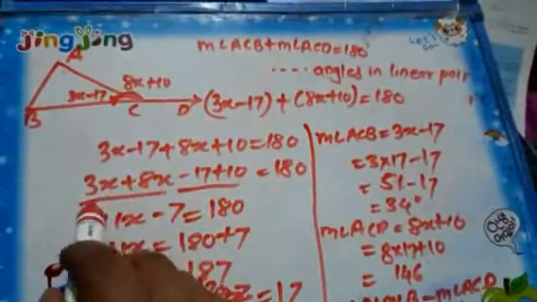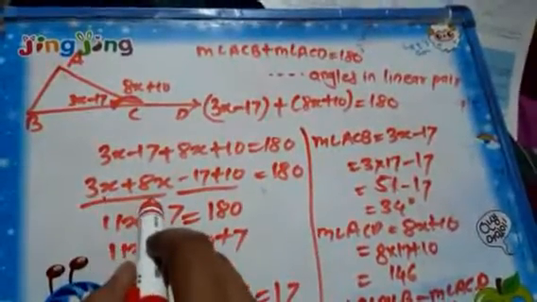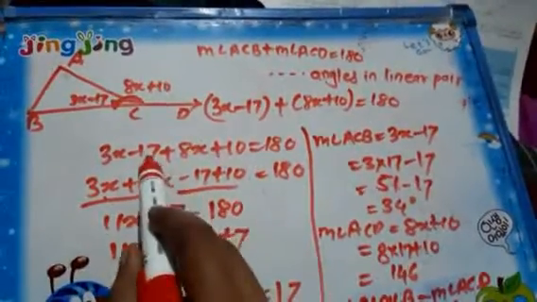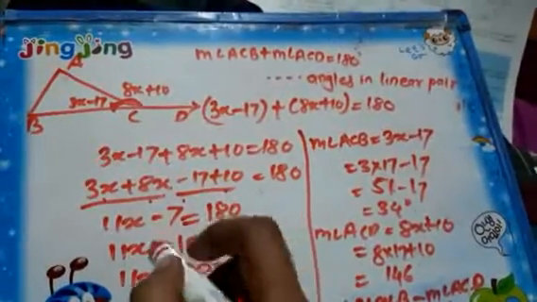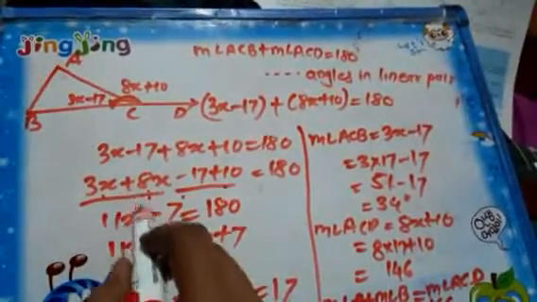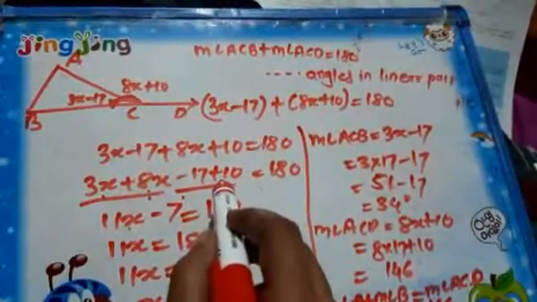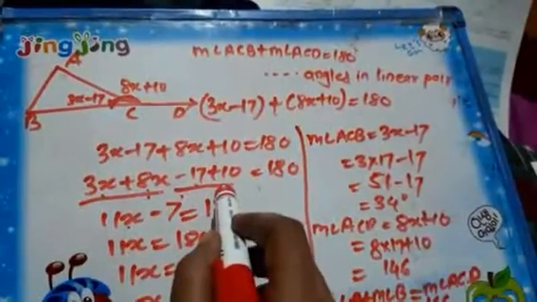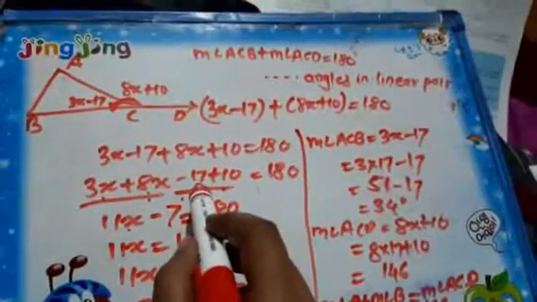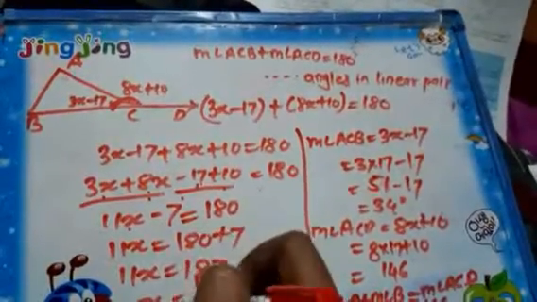So let variables we will take together, then numbers together: 3x plus 8x minus 17 plus 10 is equal to 180. 3x plus 8x is 11x. These two are having opposite sign, so their subtraction we have to do. 17 minus 10 is 7 and who is bigger? 17. So its minus sign will be here, is equal to 180 degree.